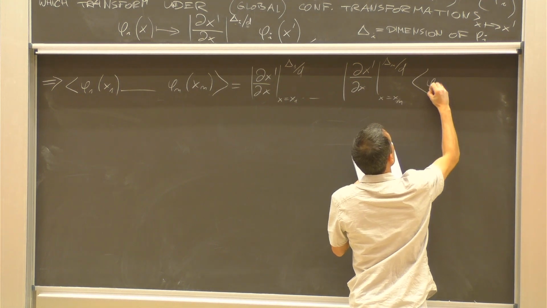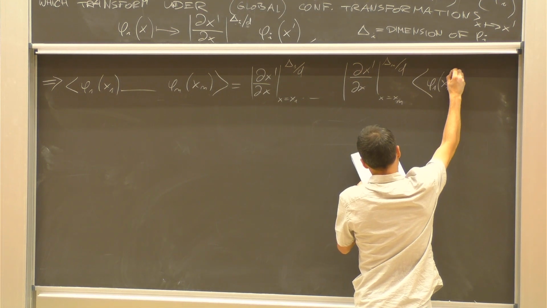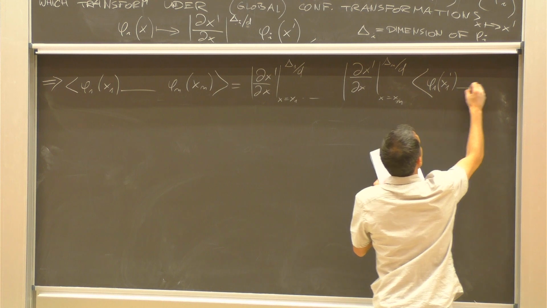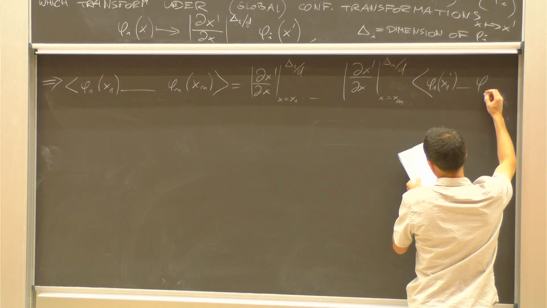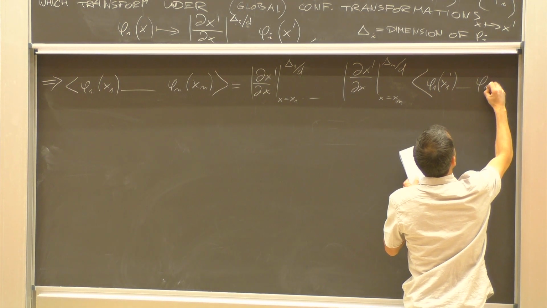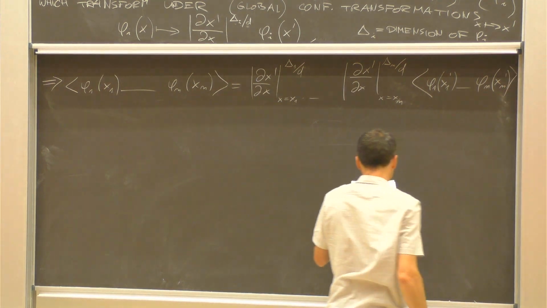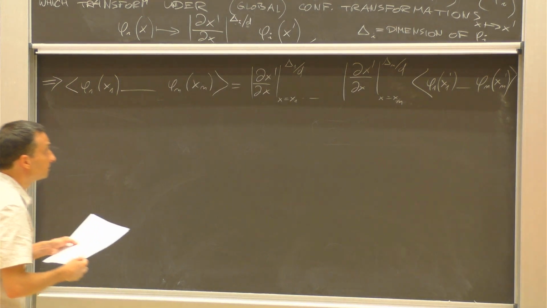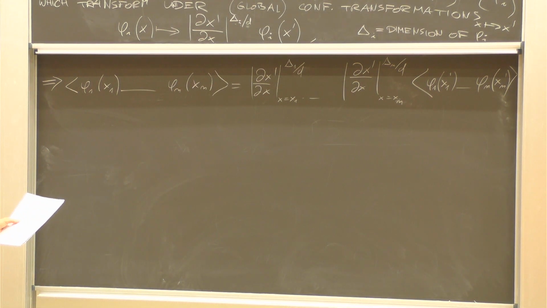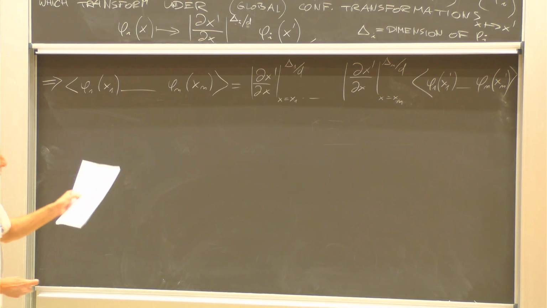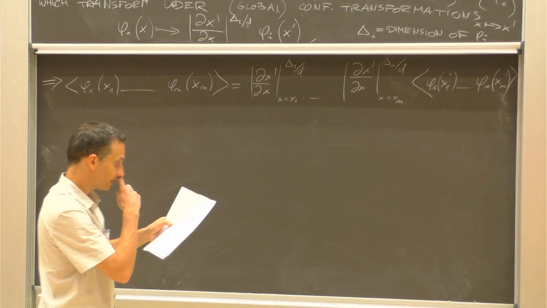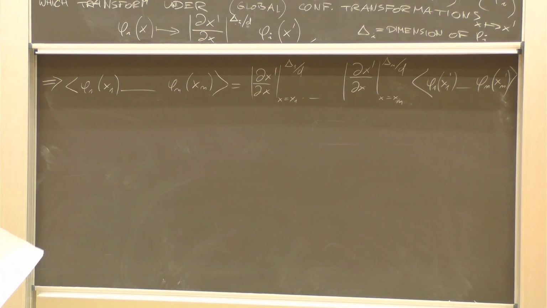And then that's the original fields here, and these are after the transformation. So this is one important property we will consider.